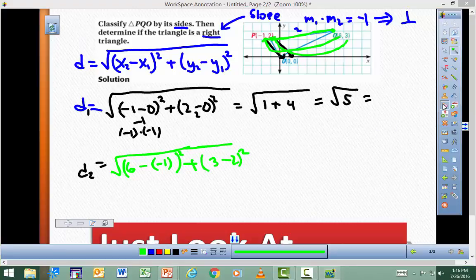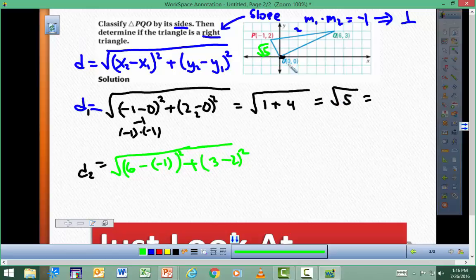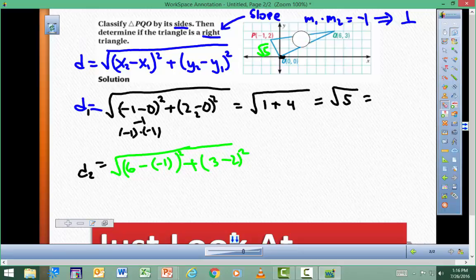And as you can see, that's getting a little messy, so I'm going to erase some of this junk. Bam. Okay, so again, we found out that one was square root 5. That was the first one. Now we're finding this length up here. Erase this now. Okay, so let's just simplify this. 6 minus a minus is actually a plus 1 here, so it's 6 plus 1, so it's 7.